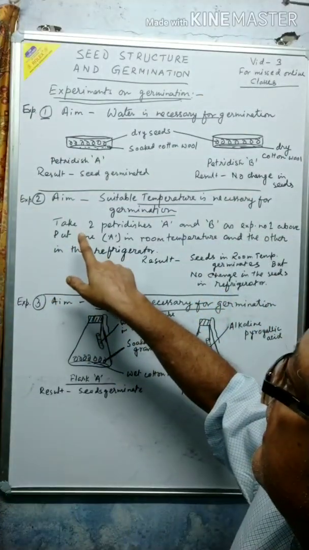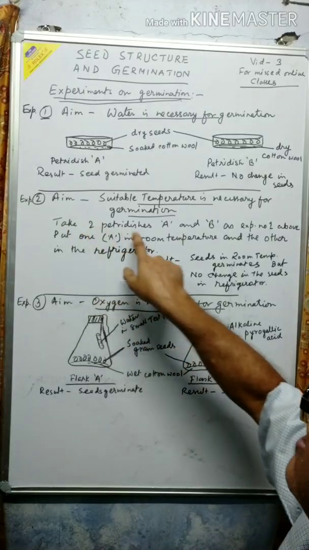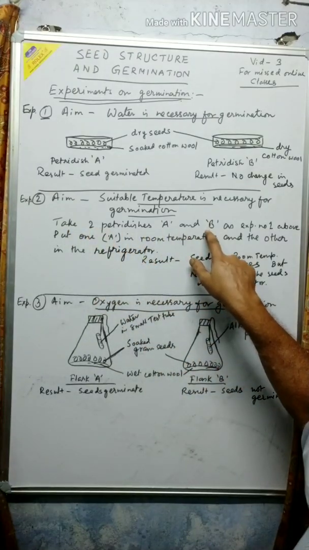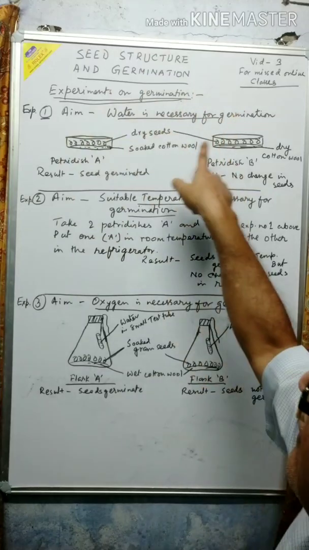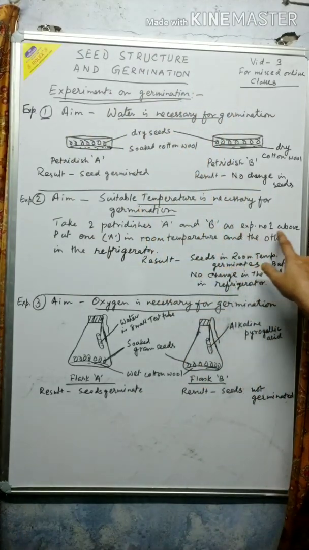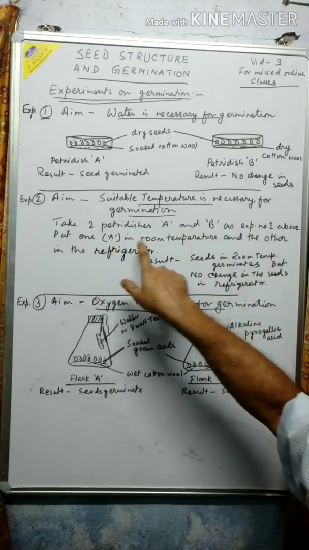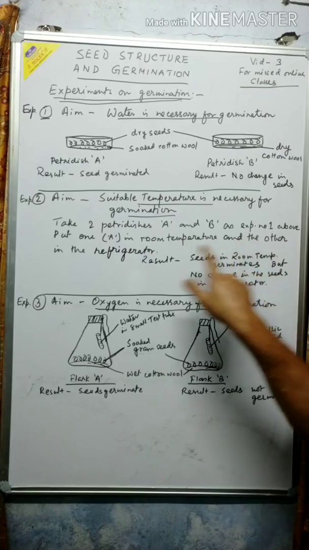Similar to that experiment, we'll take 2 petri dishes, A and B, and put one in room temperature and the other in the refrigerator.